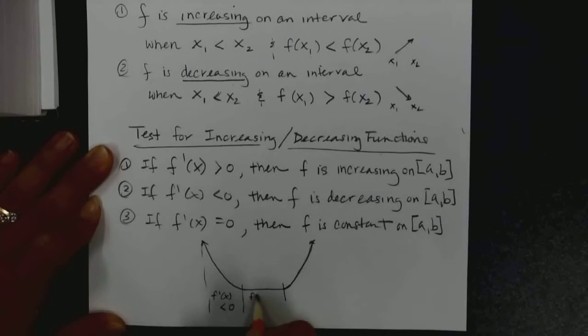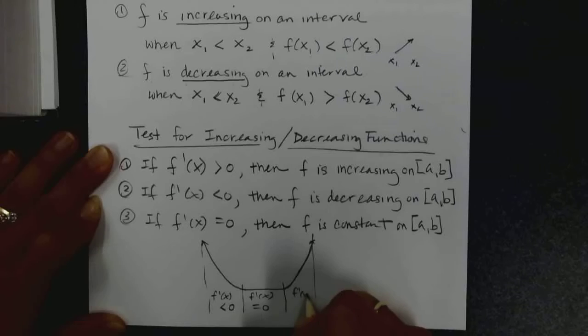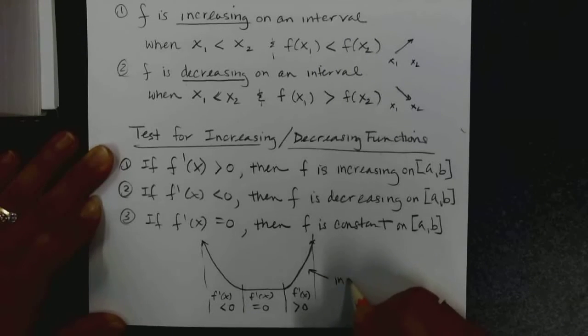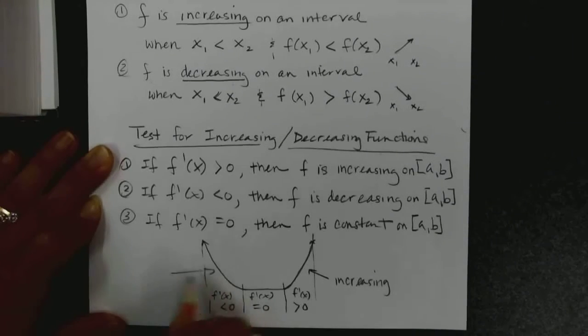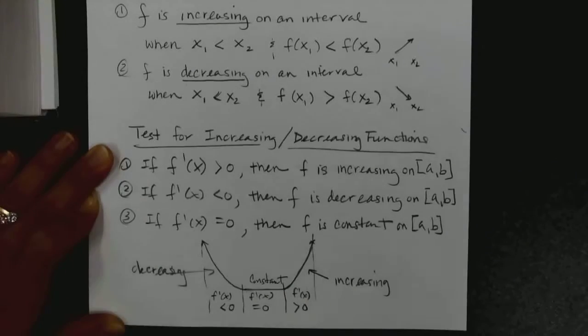From here to here, f prime of x is equal to 0. And then from here to here, f prime of x is greater than 0, so this is increasing. This is decreasing. And from here to here, it is constant. Okay?